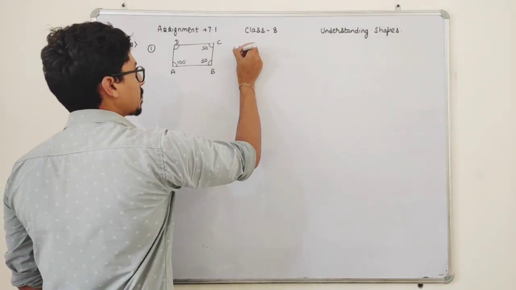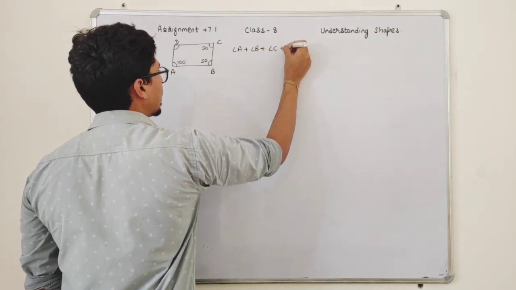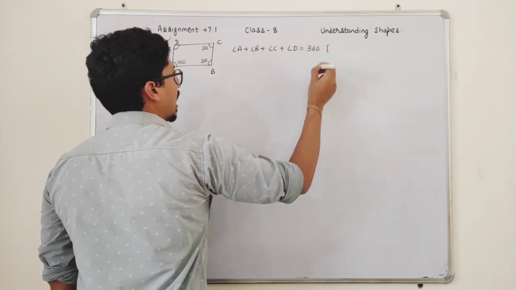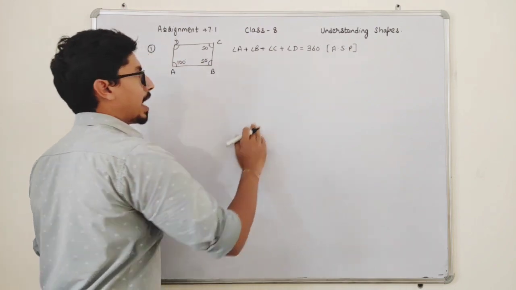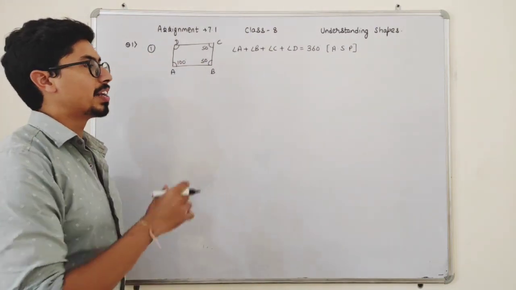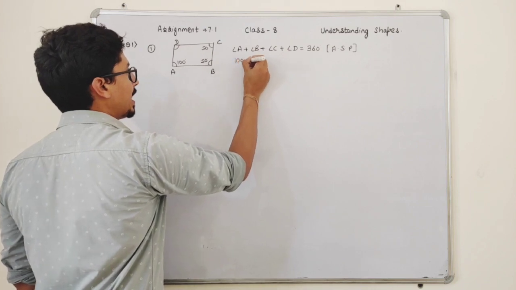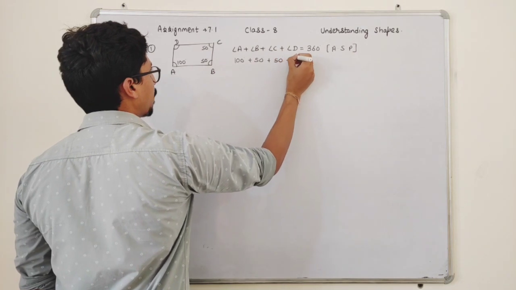Angle A plus angle B plus angle C plus angle D is equal to 360 degrees, and the reason is the angle sum property of a quadrilateral. Angle A is 100 degrees, B is 50 degrees, C is also 50 degrees, and D I have to find out.